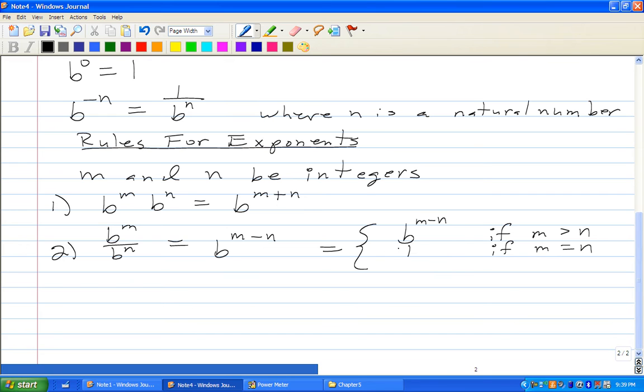So it's equal to 1 except when b is 0, where that would be 0 to the 0. And it's equal to 1 over b to the n minus m if m is less than n.